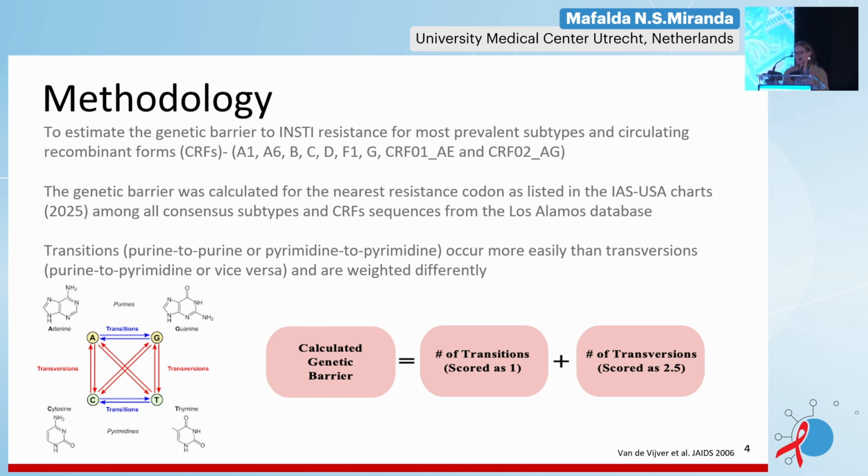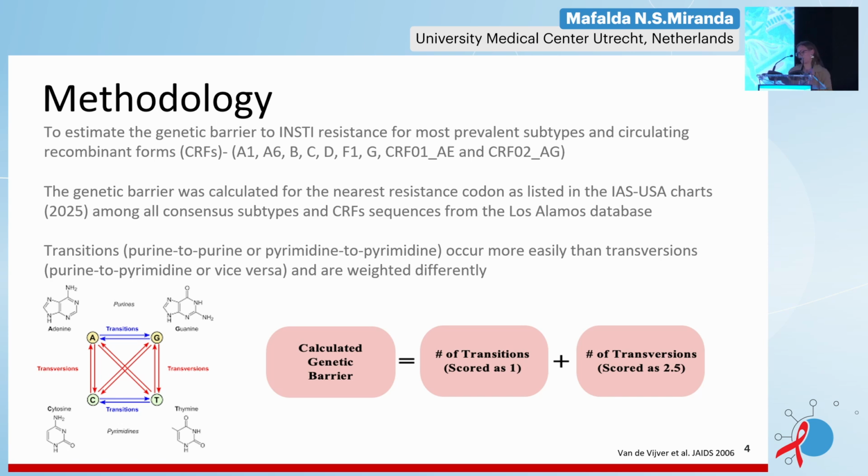And the genetic barrier was calculated for the nearest resistance codon as listed in the IAS-USA mutation charts from 2025, among all consensus subtypes and CRF sequences of integrase from the Los Alamos database.